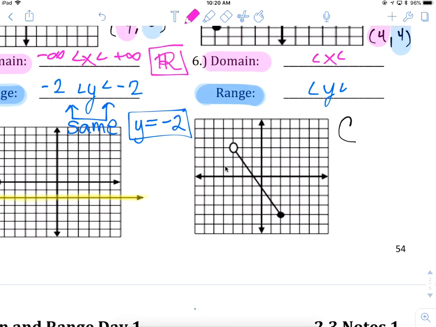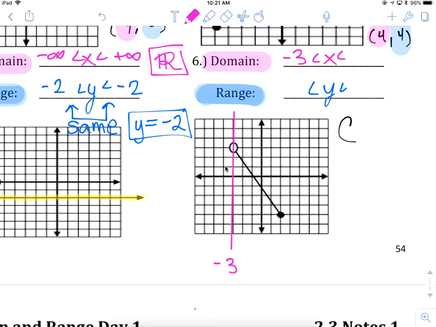So let's look on the x-axis. I'm looking right here. On the x-axis, if I drew a line and I asked you, did this graph make it to -1? Yes. -2? Yes. -3? That's where it stopped. So the farthest left that graph went was -3. That's my first number.